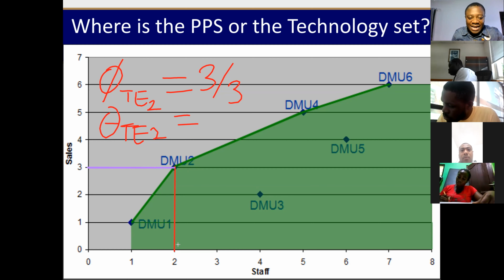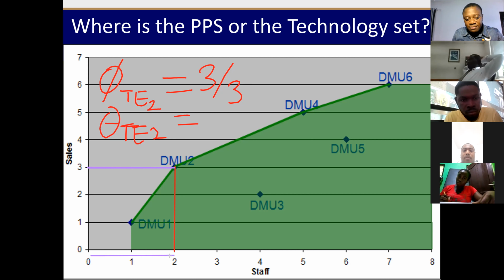And you have to read the value on this input axis because you are doing input orientation. The distance from that origin to where the firm is. You see, you are taking it at the top, but you read it down here, because it's the same distance.